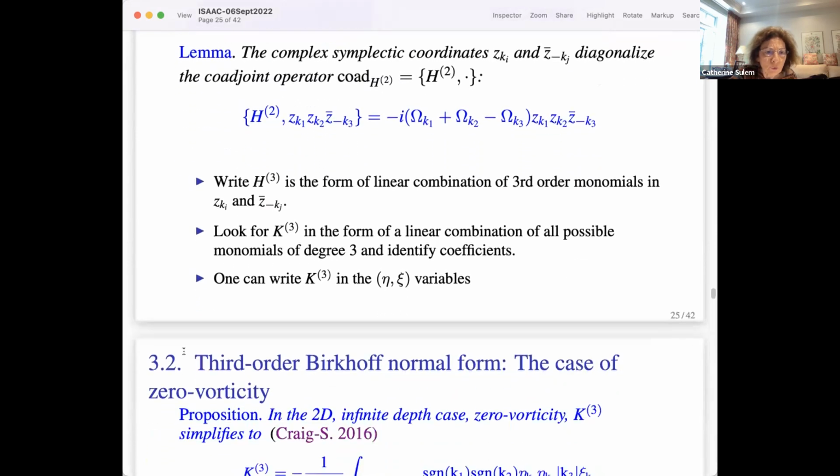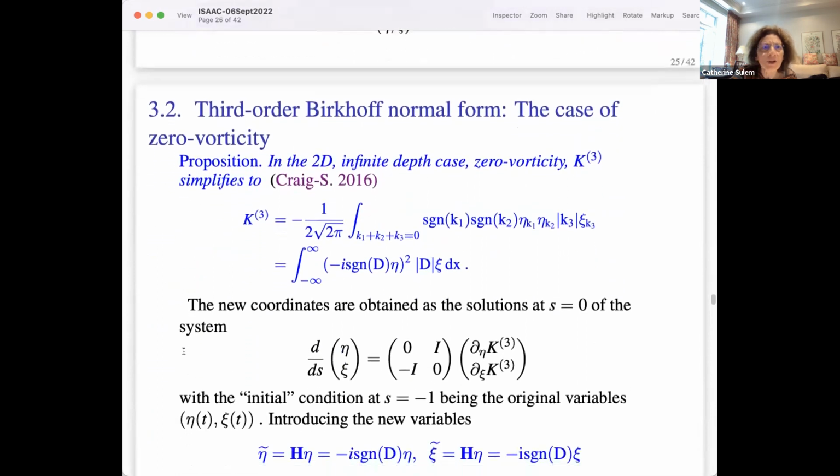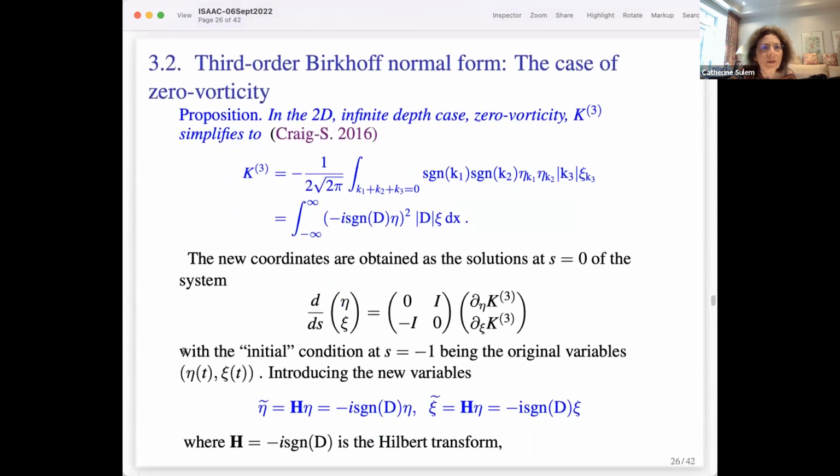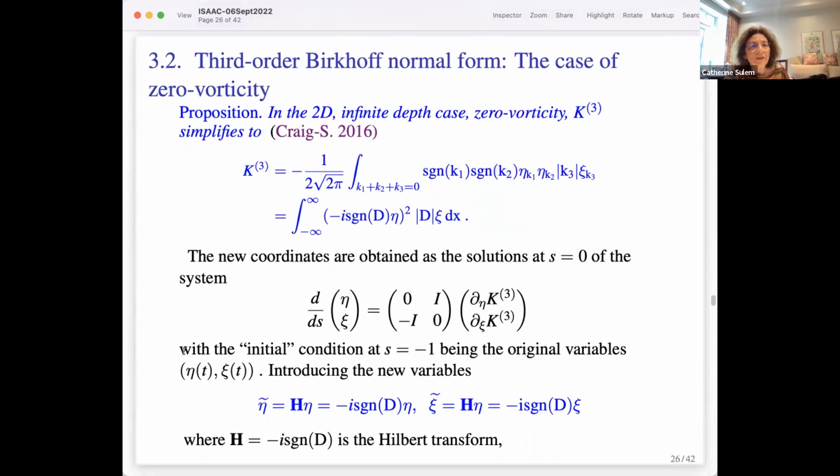I will not go too much into calculation, but the result is that in the 2D case, infinite depth and zero vorticity, this operator K3, which defines this change of variable, happens to be very simple.